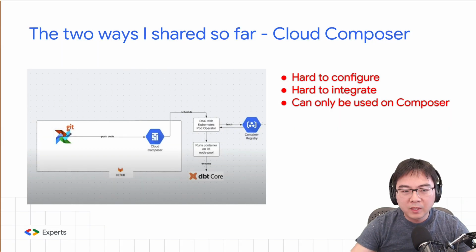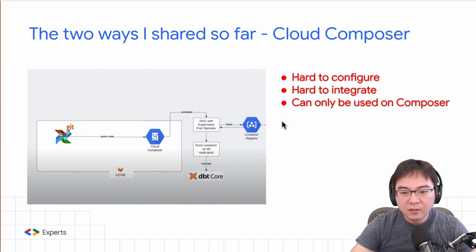Okay, let's go back to one of the first things that we talked about, Cloud Composer. This is the first way, where I said, look, you can run this in Cloud Composer with a pod operator. But there are a few key issues I found. It's really hard to configure. Even once you set it up, you can't easily just say, I'm going to run it, right? How do you run it locally? It's not the easiest to do. You have to do a lot of setup with Airflow locally to run this.